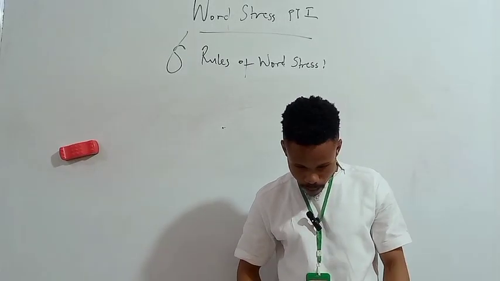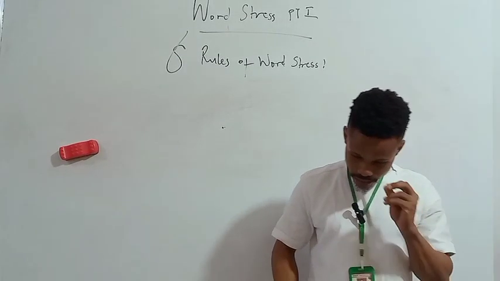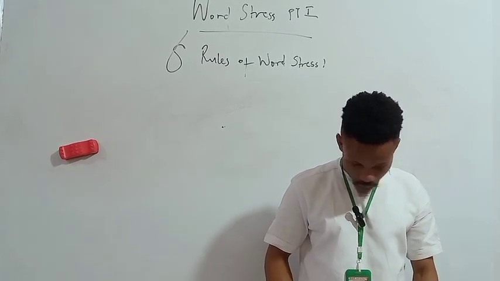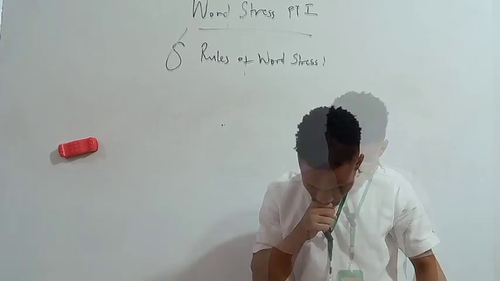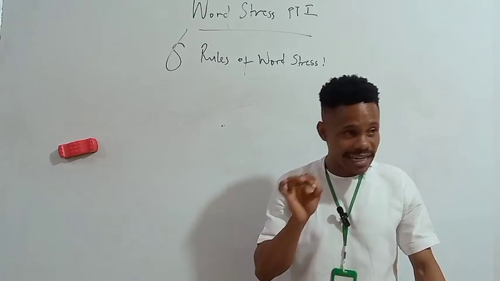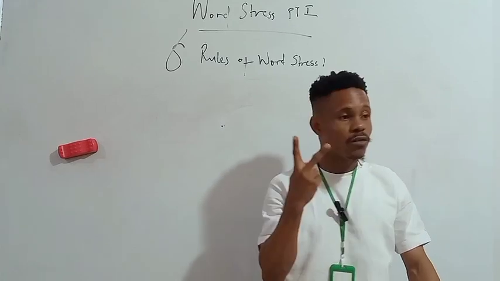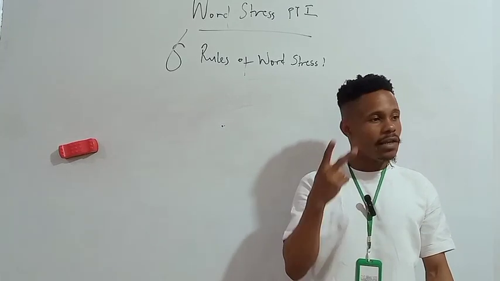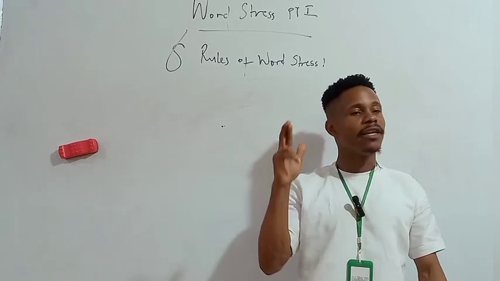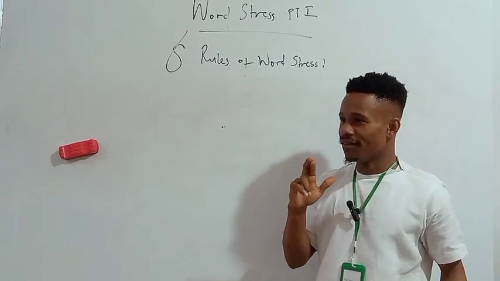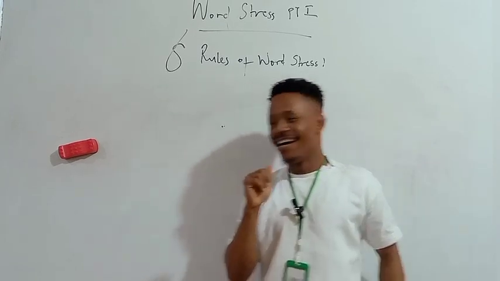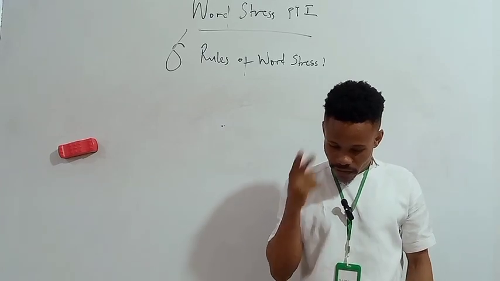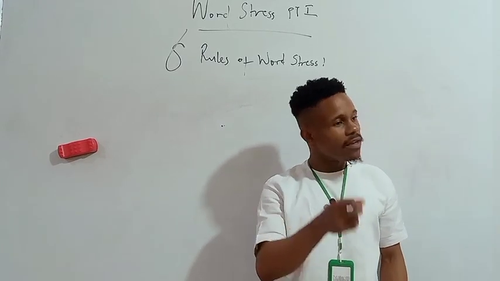Number 1, noun and adjective with 2 syllables. When a noun or an adjective has 2 syllables, the stress is on the first syllable.